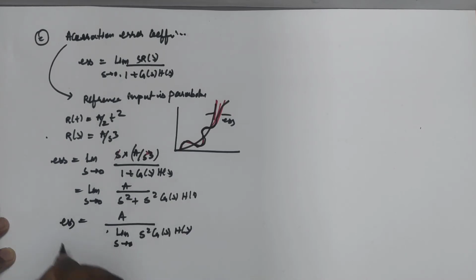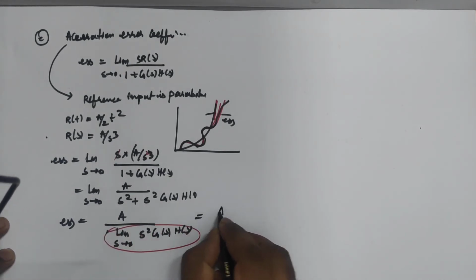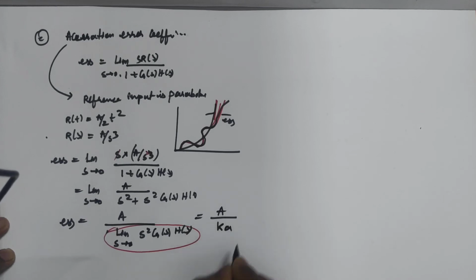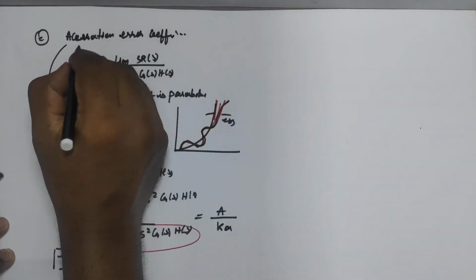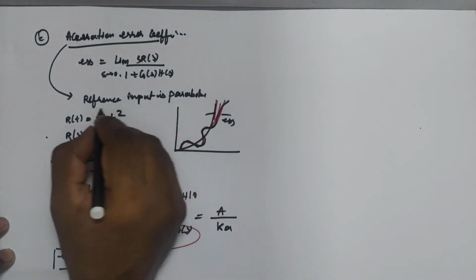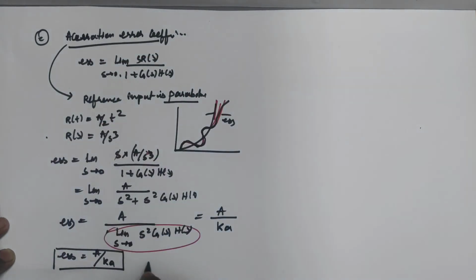Now we have another constant K, which I will name Ka. So e_ss is equal to A by Ka, the steady state error, where Ka is the acceleration error coefficient for the parabolic input, and Ka is designated as limit s tends to 0 of s square G(s)H(s).